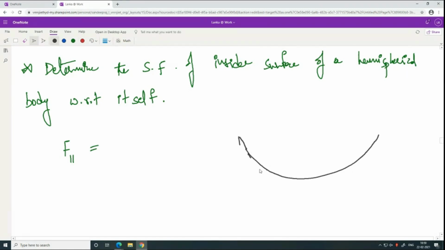So this is your hemisphere here. Let me call this body as one.